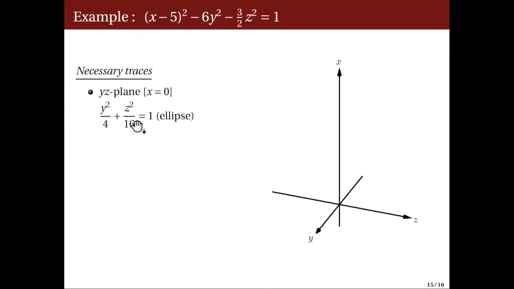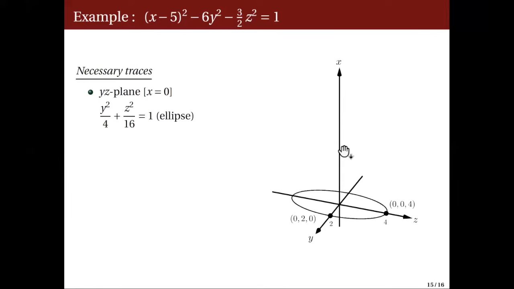On the yz plane, this is an ellipse with center at the origin. Vertices are located on z equal to 4 and negative 4, so that will be somewhere here and here. And other 2 points are on the y-axis, 2 and negative 2. So this x value is equal to 0.